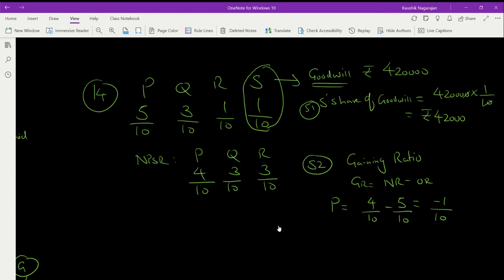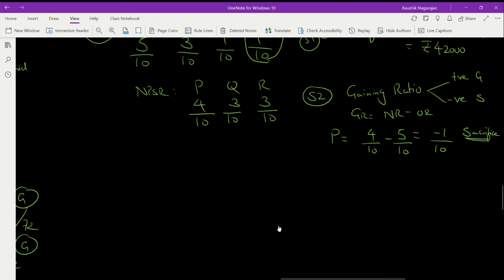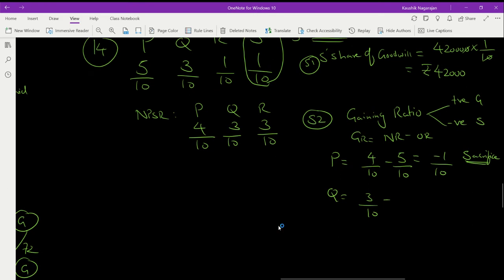Remember, when you are using the gaining ratio formula, the one who gets positive is gaining, and the one who gets negative is sacrificing. Here I got negative for partner P. This shows that partner P has sacrificed. Now calculate for partner Q. The new ratio is 3 by 10 minus the old ratio, which is the same 3 by 10.